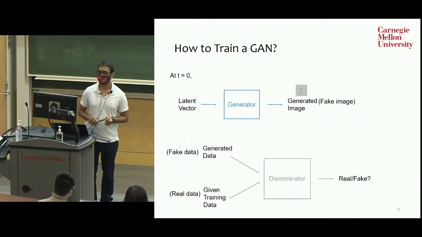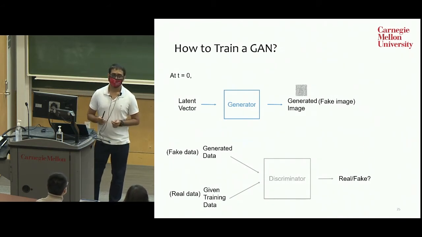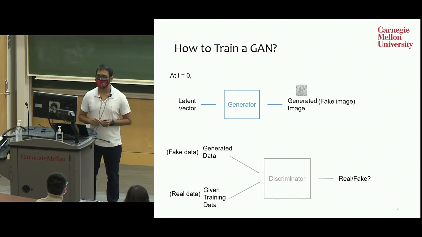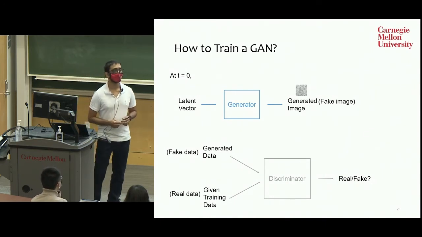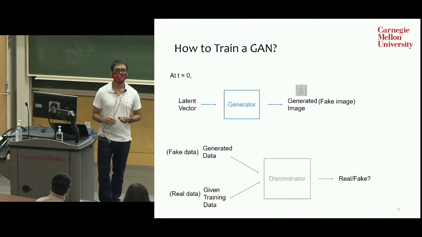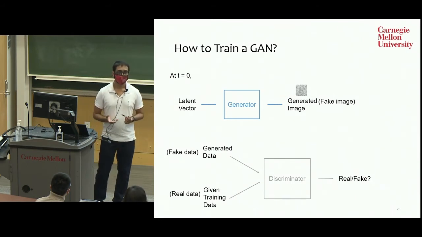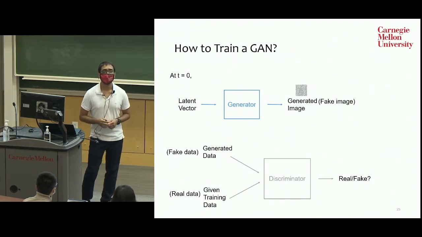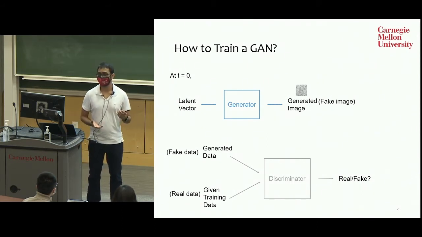This is what the whole training of a GAN looks like. In the initial few steps, the generator will create some random noise, which might not even look like a real image. But that's why we have the discriminator, which acts as a loss function for the generator.